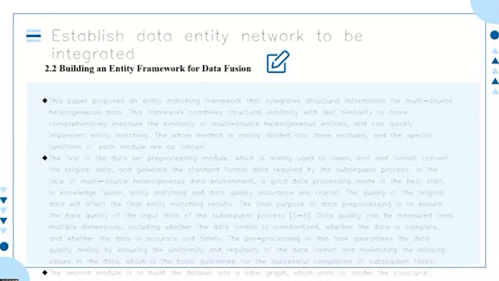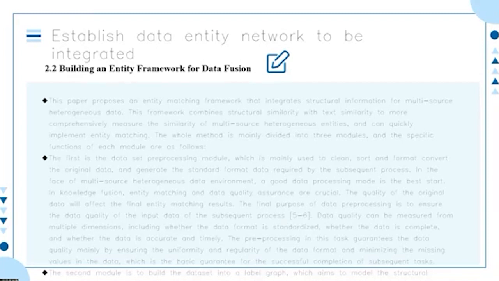The final purpose of the data processing is to ensure the data quality of the input data of the subsequent process. Data quality can be measured from multiple dimensions, including whether the data format is standardized, whether the data is complete, and whether the data is accurate and timely.